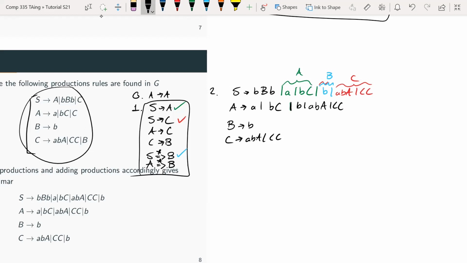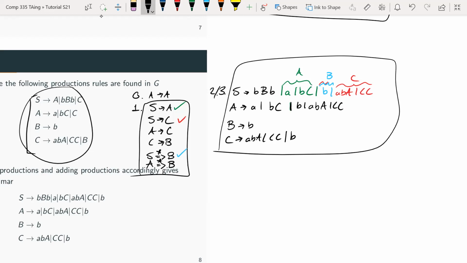Yes. So C gives me B, so I'll add a B here, okay? This is kind of like steps 2 and 3 at the same time. And this becomes your equivalent grammar without any unit productions, okay?